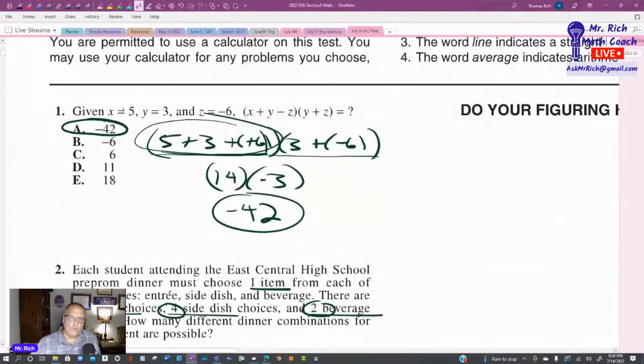The reason you don't want to do things in your head is that before you move to the next problem, you want to stop and spend a few seconds to see, did I make any math errors? Double check as you're working your way through the test. Even on the easy ones, stop and spend a few seconds, because you can't afford to miss one of these easy problems from a simple math error.